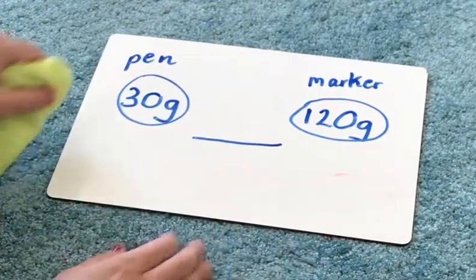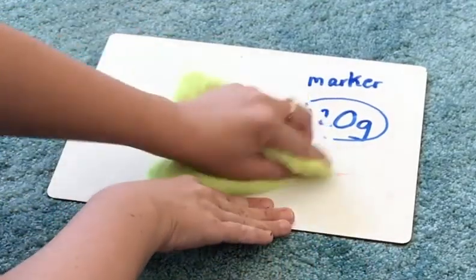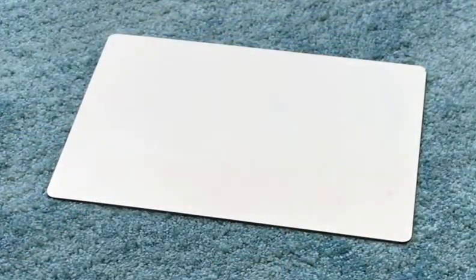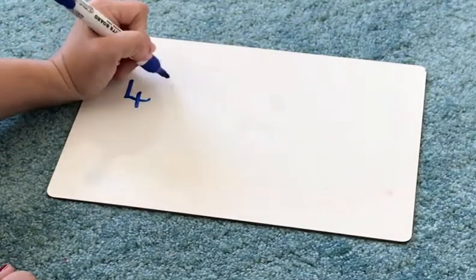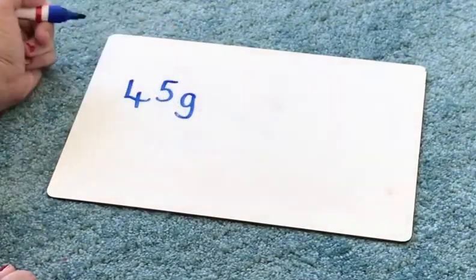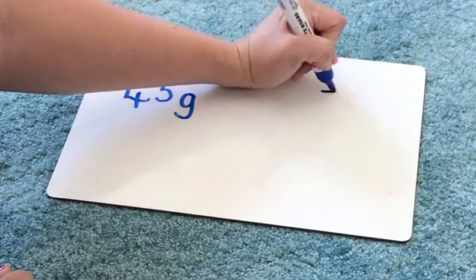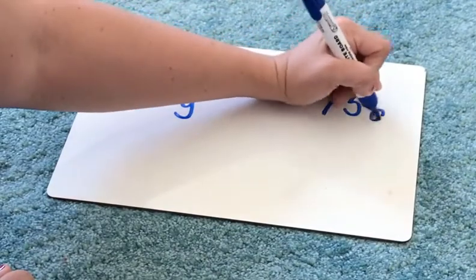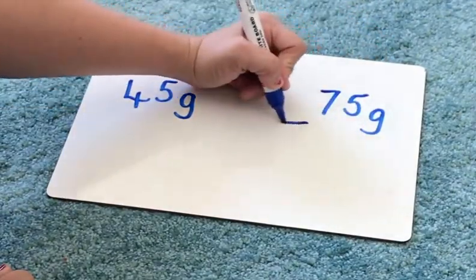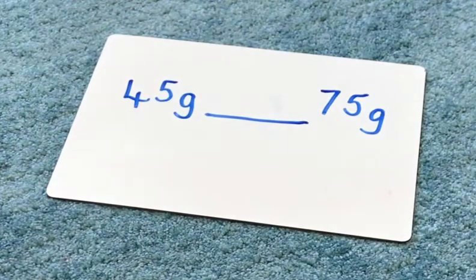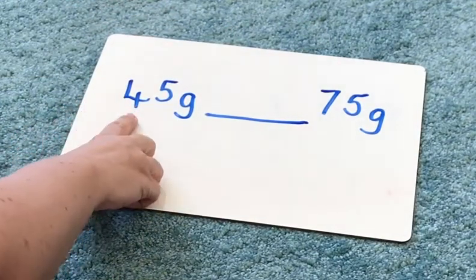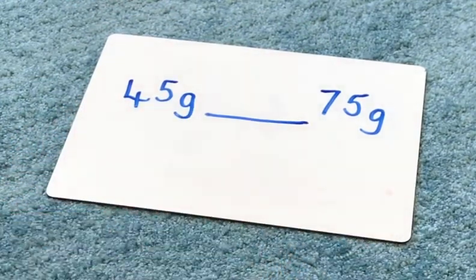Okay? Now, let's say we have an object which is 45 grams, okay? And we have one which is 75 grams. And again, we know there's an object which weighs more than 45, but less than 75 grams.